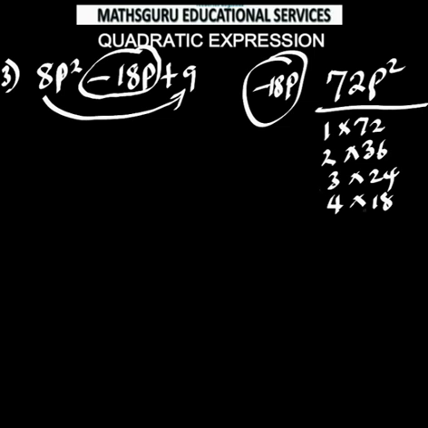So minus 4 minus 18 cannot give minus 18, or 4 minus 18 can't, no. So let's move on to the next one. 5 cannot go because 72 does not end with 5. 6 can go. 6 can go in 72 12 times.